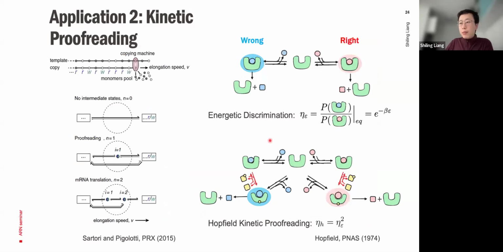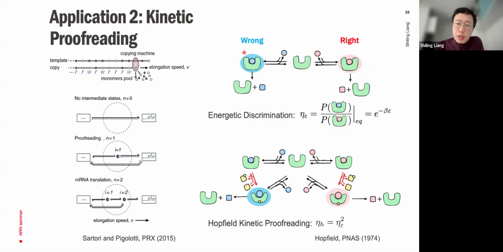And the second example is kinetic proofreading. Living systems need to do some copying processes, like translation and transcription. These copying machines need to discriminate right and wrong monomers to add to the polymer chain. This discrimination can be achieved by a simple binding process, where the enzymes bind to right and wrong monomers to form some complex, and then the complex will release a product.